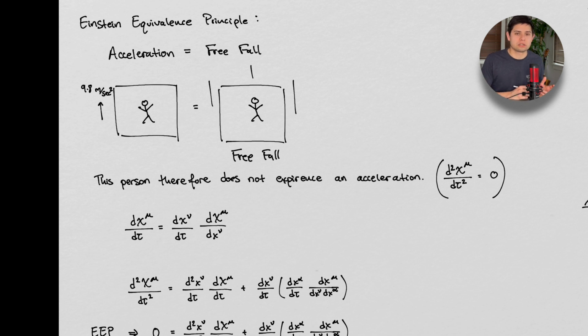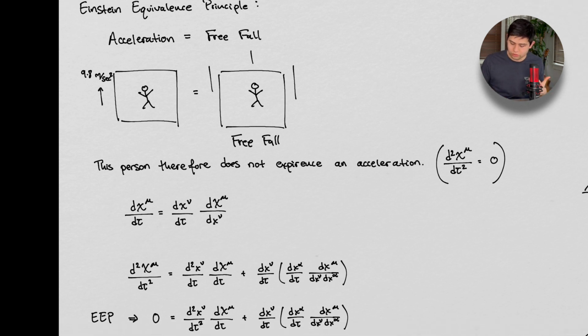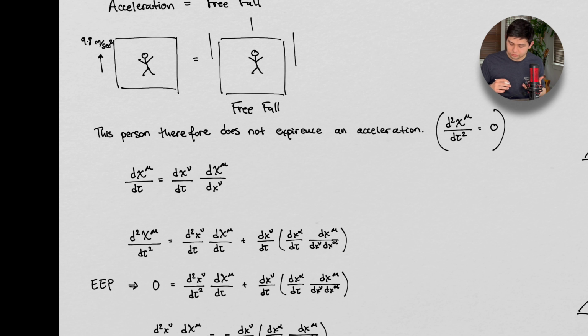This was the revelation that enabled him to say, well, if these are the same thing, then this person in the elevator therefore does not really experience an acceleration per se if he was in free fall. Okay, from his inertial perspective, acceleration would not be there. So his stipulation, just to belabor the point, is that free fall in some gravitational field is the same thing as accelerating, okay?